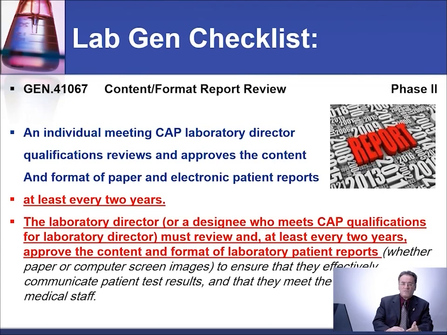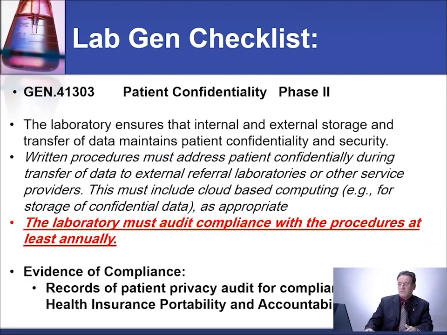This means that when you transferred the result from the instrument to the computer, or you entered the result manually in the computer, they were the same. There was nothing missing in between. Okay, so you staple them together, and when you're done with all your tests, then you give it to the medical director to sign, and then you give a copy of it to the quality manager to keep in a folder for the inspector to review. You need to do this every 2 years.